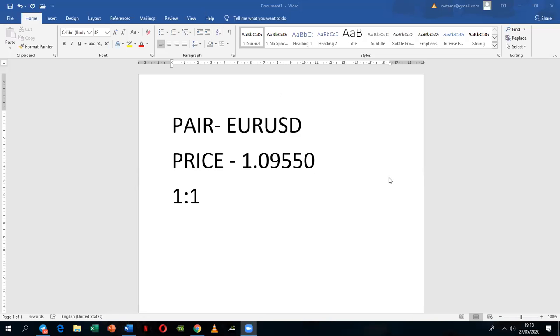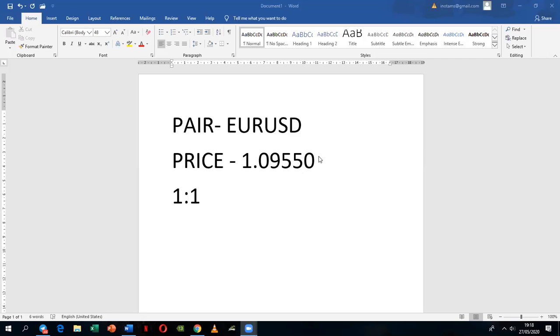So guys, let me address the pips thing right now. If you don't understand, please ask me. A normal currency pair will have a price such as this, 1.09550. Other currency pairs, the price will be different, and that's because the pip value is different.